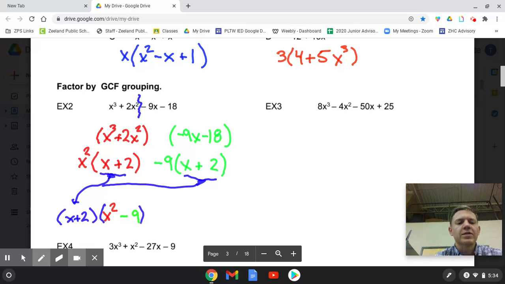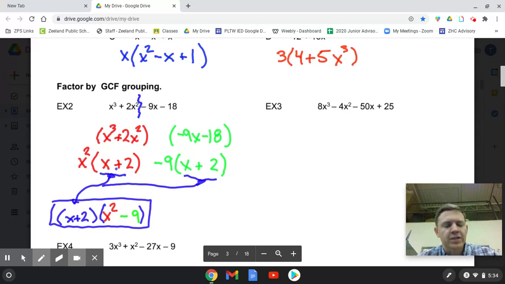Okay, so there's my answer. Full answer is x plus 2 times x squared minus 9. I grouped both of them. This problem can actually be factored further, but we'll learn about that in a later lesson.